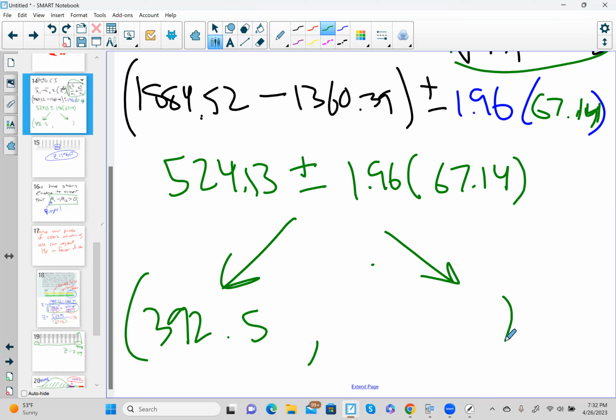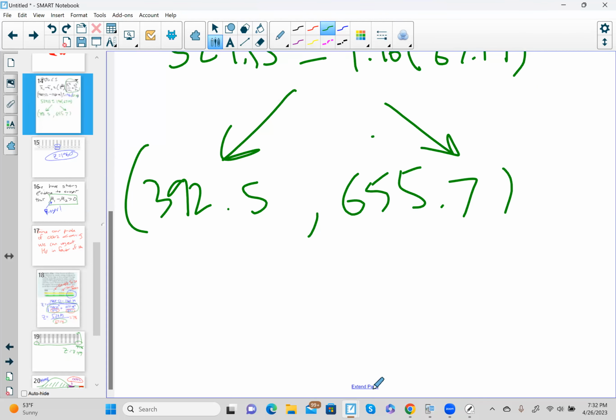And then over here, if we just switch that to plus, we end up getting 655.7. So we are 95% confident that the true difference in men's salaries minus women's salaries for the summer in this survey is somewhere between $392 and $655.